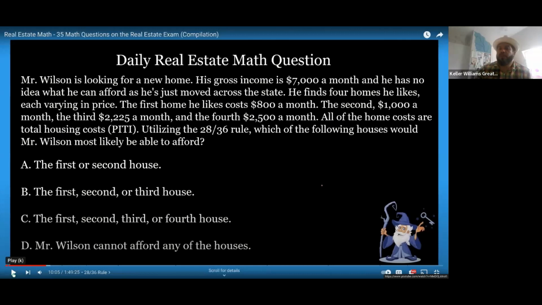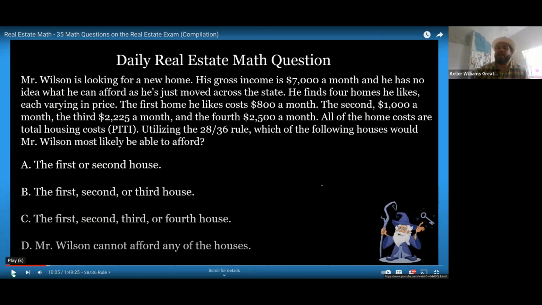You guys can put it in the chat for the people who aren't talking out loud. Did I hear C? Yeah, I think C. Okay. So we know his gross income is 7,000. It's asking the same question as before, and that's just the housing cost, so it's still the 28%.